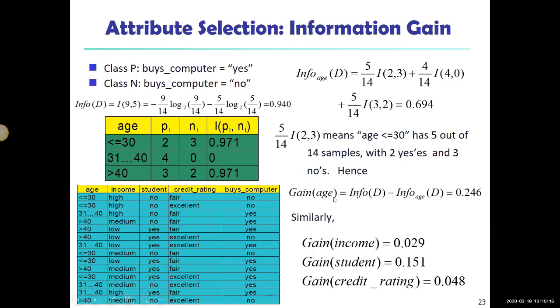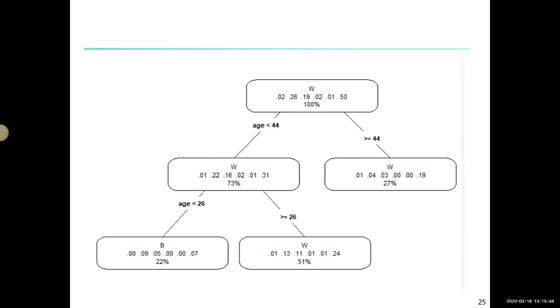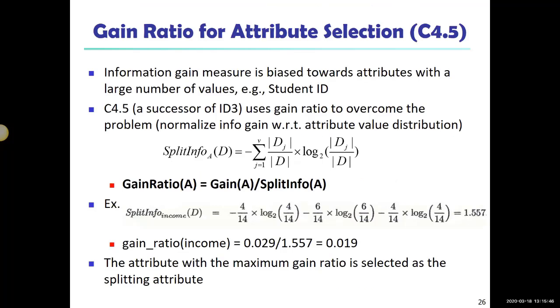But in this case, age, income, and student, none of those has a very large cardinality, so I would not expect split info to change the decision here. But if certain attributes have much larger cardinality than others, that could make a difference in which attribute turns out to be the best to split on.